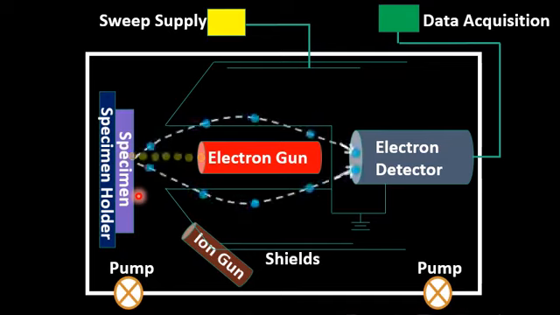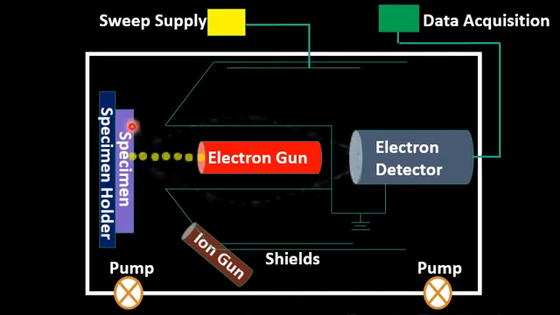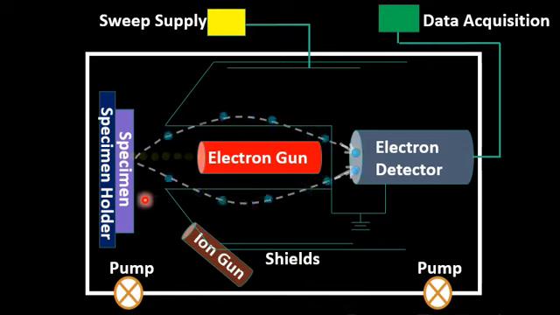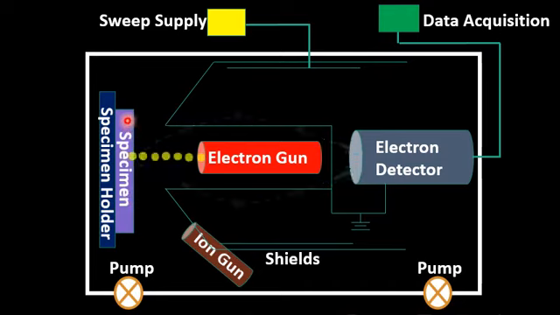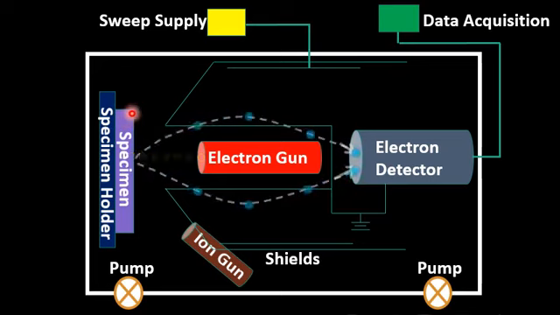At an advanced level, if you want to study compositional variation over the sample surface, then the ion beam is incident on different parts and sputters the sample surface over different areas. On the basis of Auger electron spectroscopy, you can get an overview of compositional variation over the different areas of the specimen.